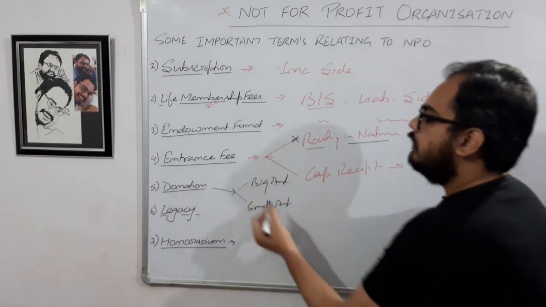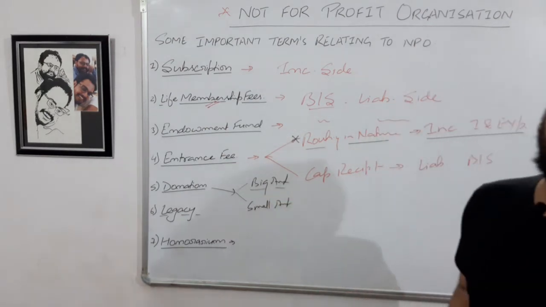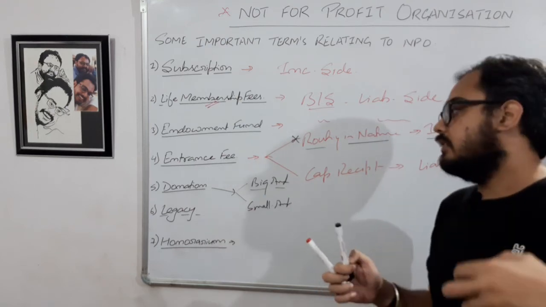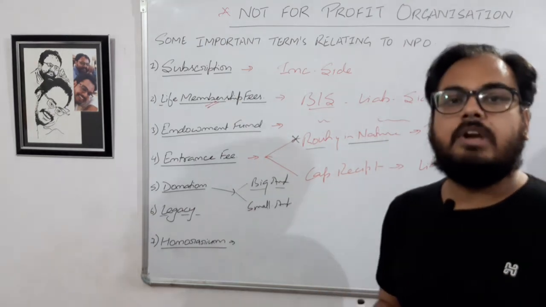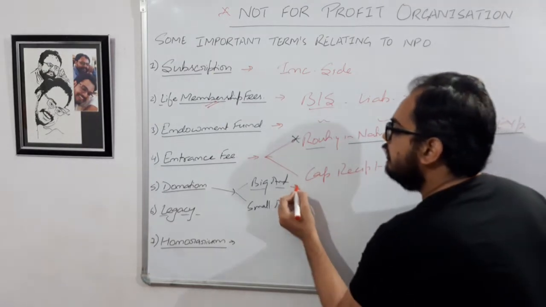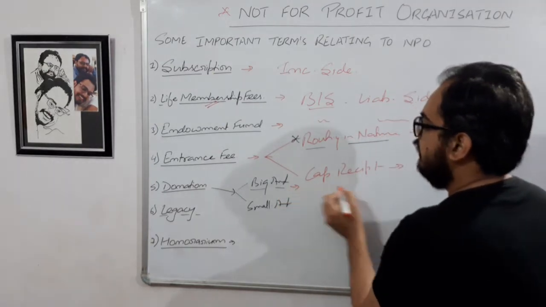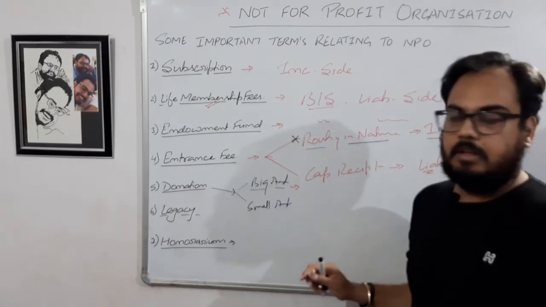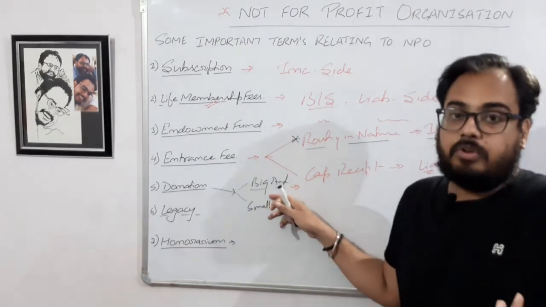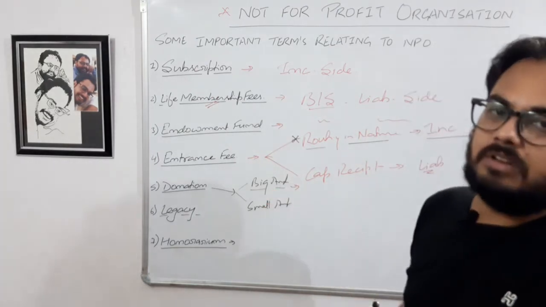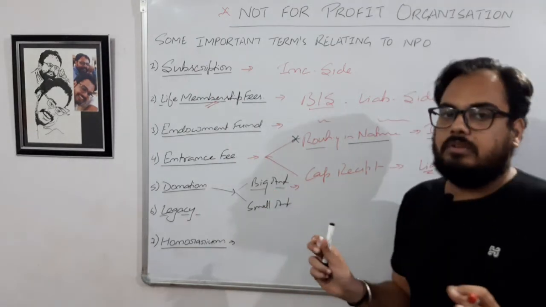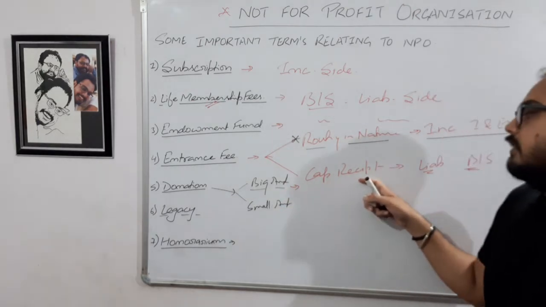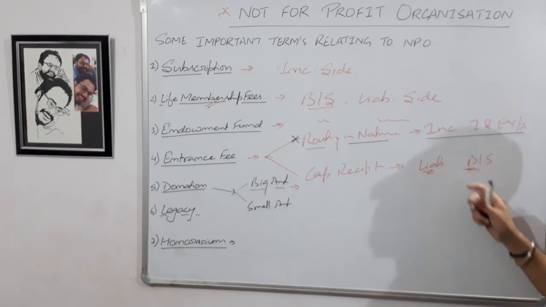If the donation is of big amount, the club has received a donation of a big amount, then it will be treated as a capital receipt and shown in the balance sheet on the liability side, because a donation of big amount is not of routine or recurring nature. Sir, they are rare or the rarest. So since it is not of routine or recurring nature, it is treated as a capital receipt and shown on the liability side of the balance sheet.